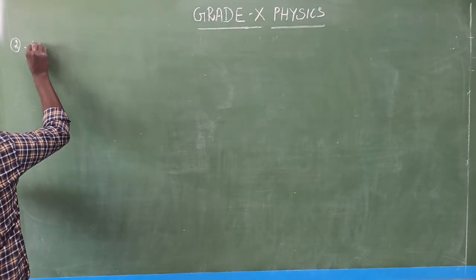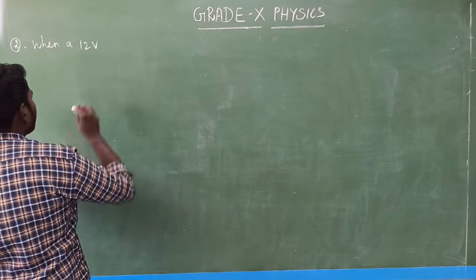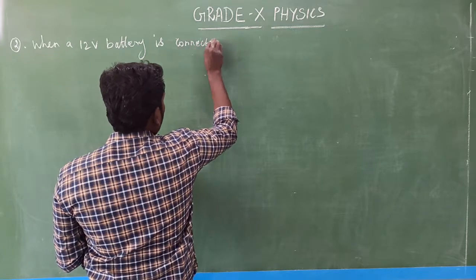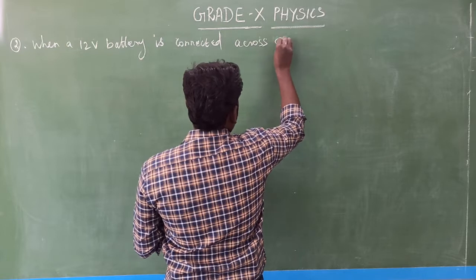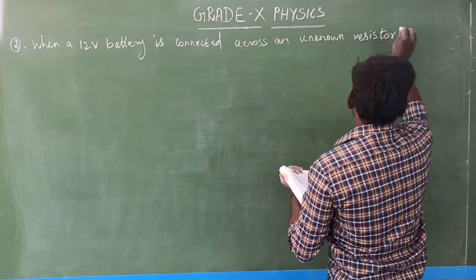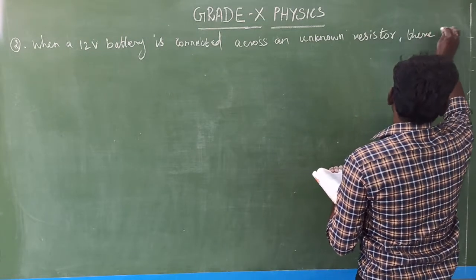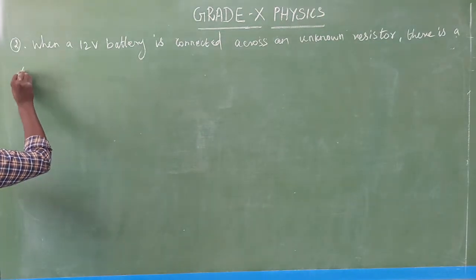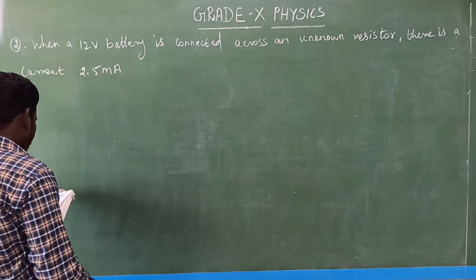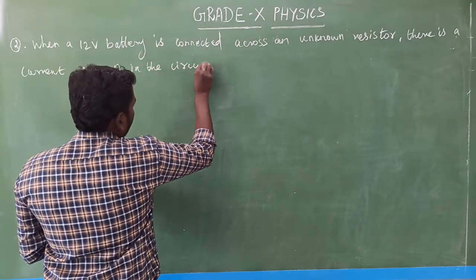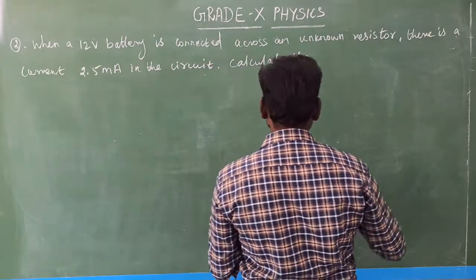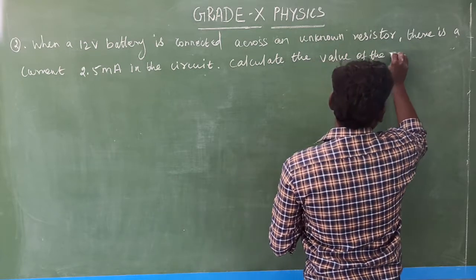Second: when a 12 volt battery is connected across an unknown resistor, there is a current of 2.5 milliampere in the circuit. Calculate the value of the resistance.